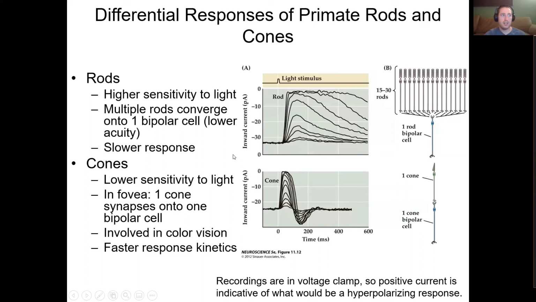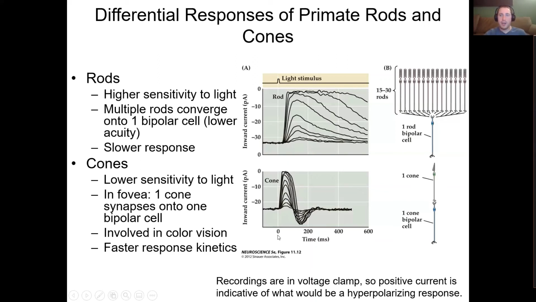Rods are also slower in response. That's partly due to how they amplify more, giving them more sensitivity, but they kind of sample over a longer period of time. Whereas cones are faster in their kinetics. So you can see this very rapid inward current. Inward current is indicative of hyperpolarization, then outward current.